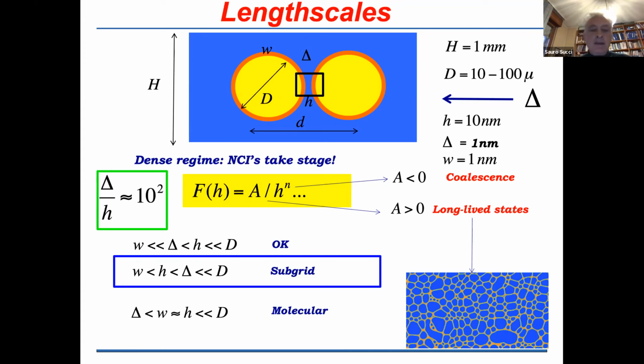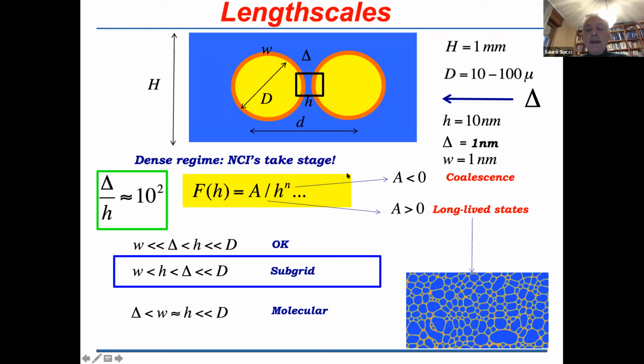Now, again, to make a very long story short, what we did, and I regard that as probably so far the most important, the most interesting outcome of the entire ERC project, there was no lattice Boltzmann which would account for what we call near contact forces. They take the form of some amplitude times an inverse power of the thin film thickness h, and this power typically is 4.